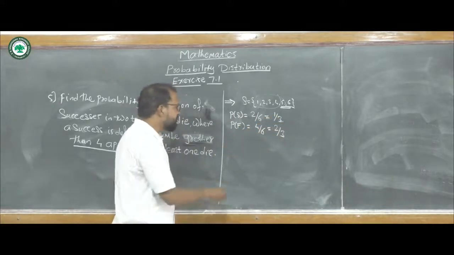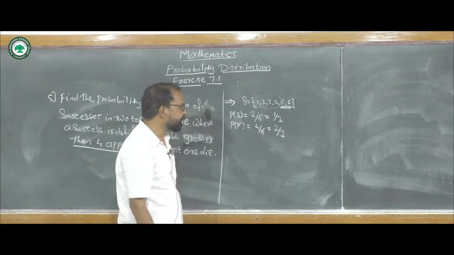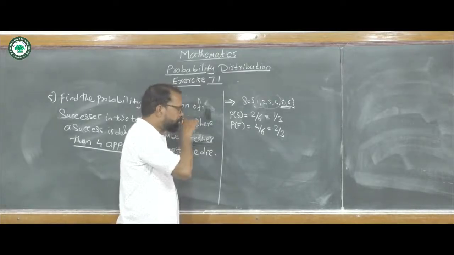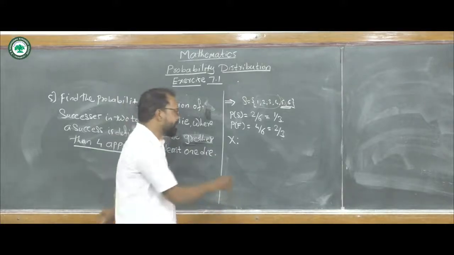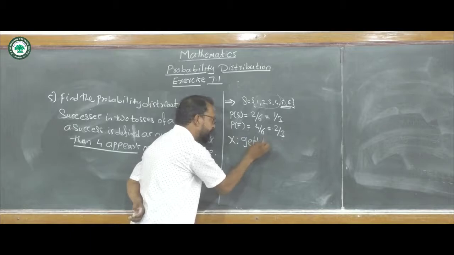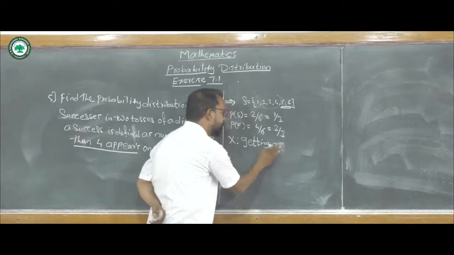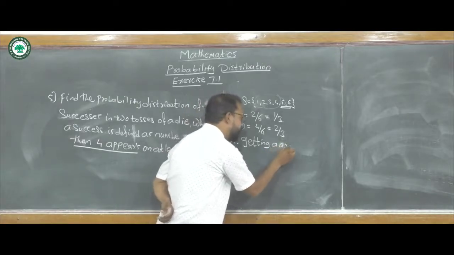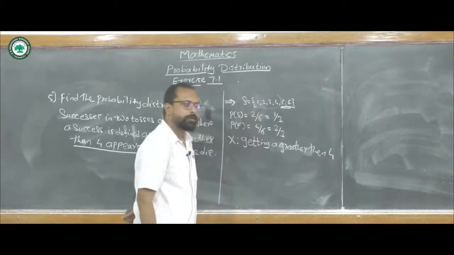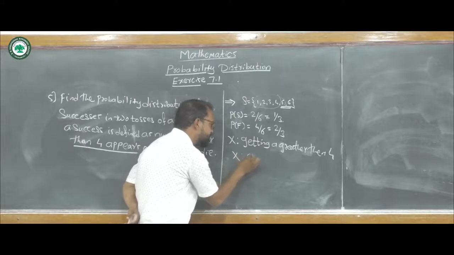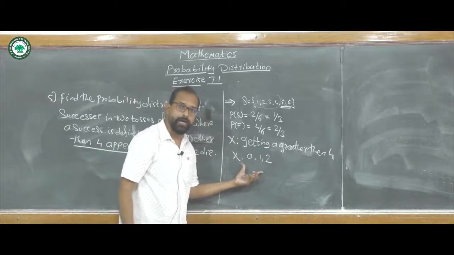Now, since in this random experiment we toss the 2 dice, if we define the random variable x as getting a number greater than 4, then x takes the values 0, 1 or 2, since we toss the 2 dice.